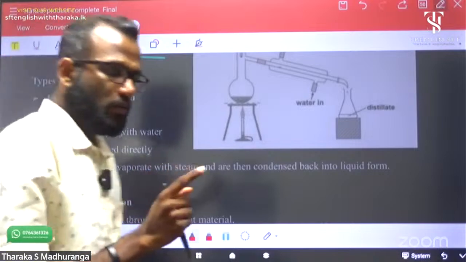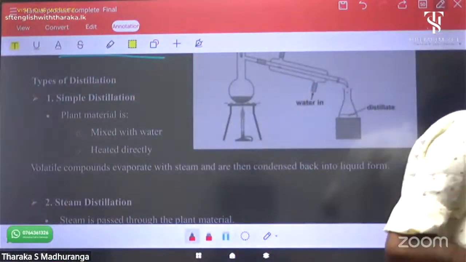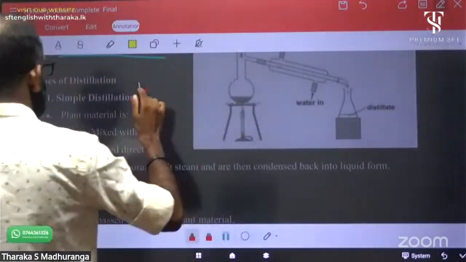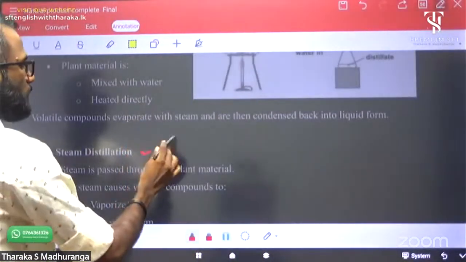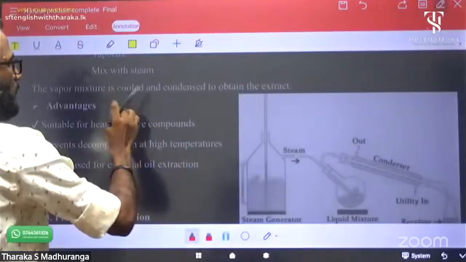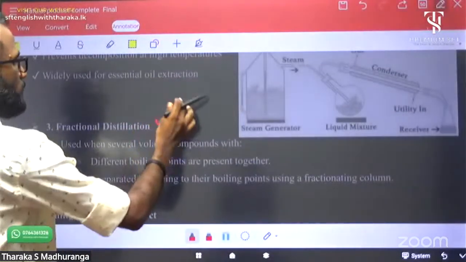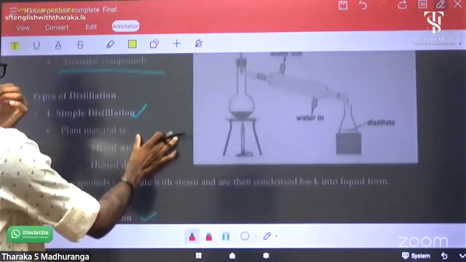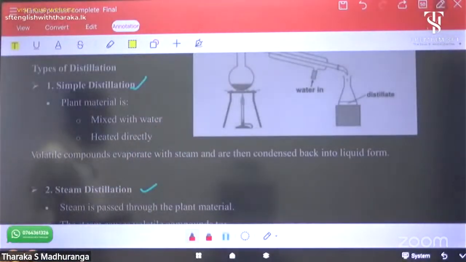I told you distillation has three main types: simple distillation, steam distillation, and fractional distillation. Now, simple distillation.